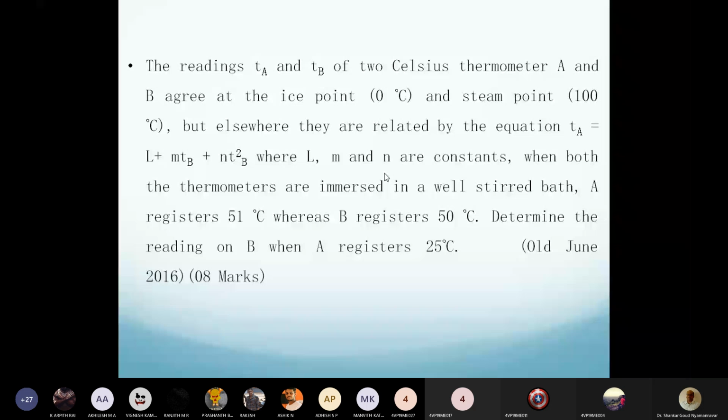Yes, sir. Solve this problem. Find out M and N.